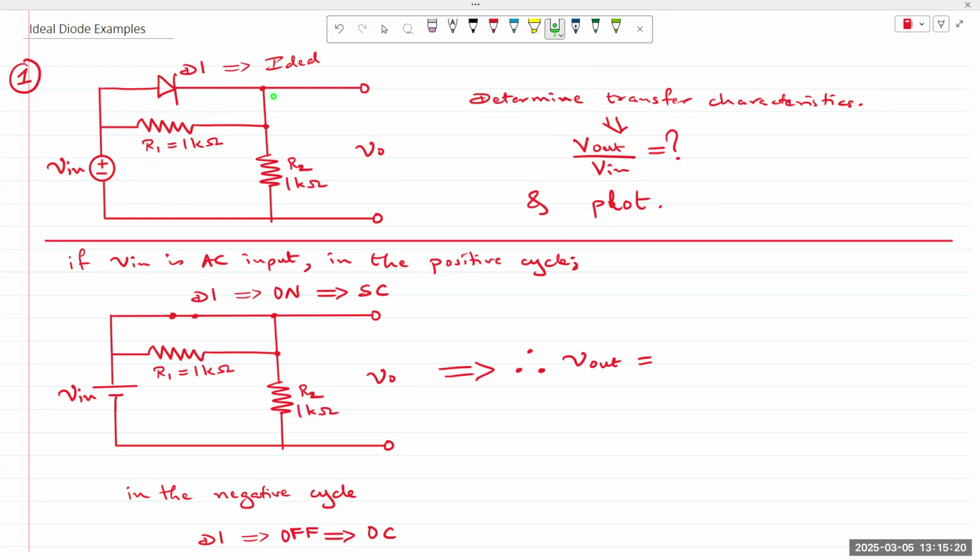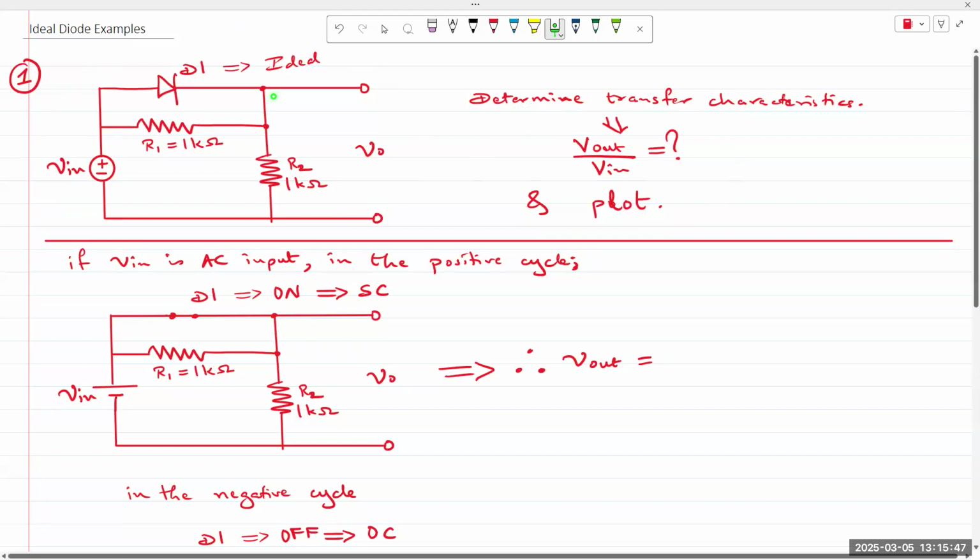We are not given any other information. The only information given to us is the circuit diagram and to plot V out versus V in, and of course to analyze using the ideal diode model.